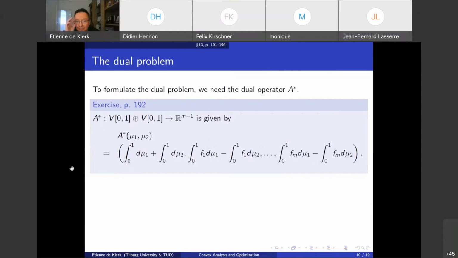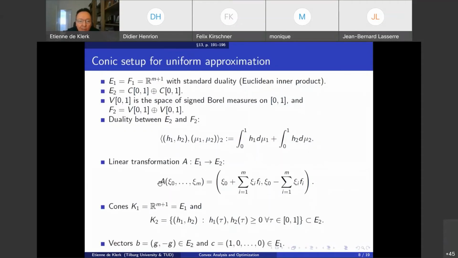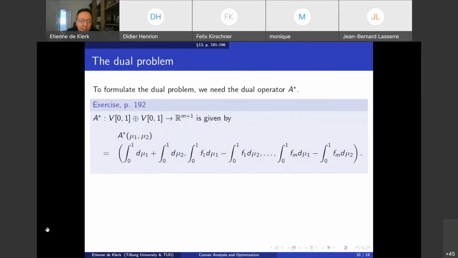And then we can also write down the dual problem. We had our operator A, so to write down the dual problem, we need the adjoint operator. And the adjoint operator maps pairs of measures to R^(m+1).